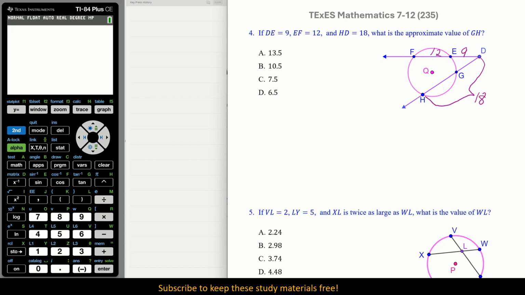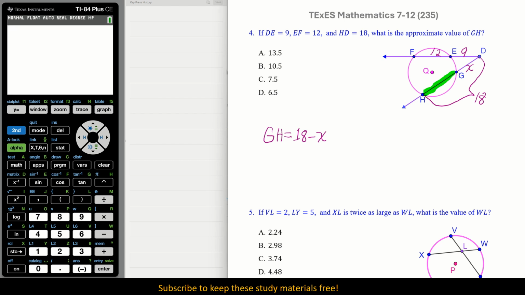I am going to highlight that, because we first need to find X. To get GH, we need to take 18 minus X. So we have to find the value of X.